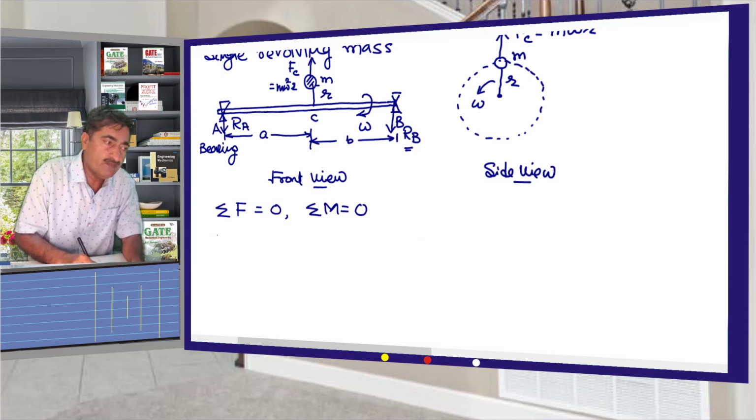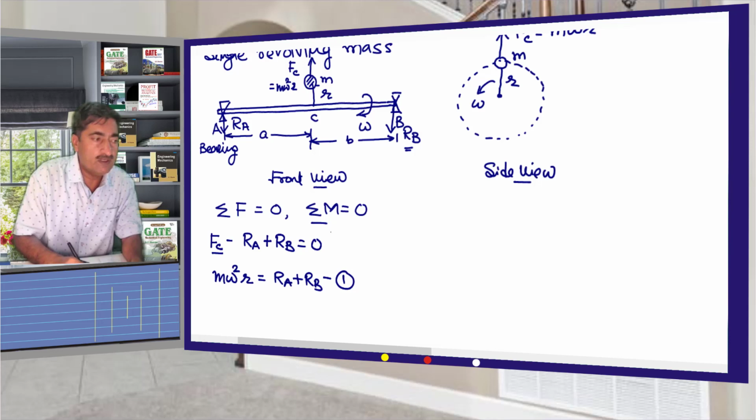Now, Fc minus Ra minus Rb equals 0, where Fc equals m omega square r equals Ra plus Rb. This is equation 1.